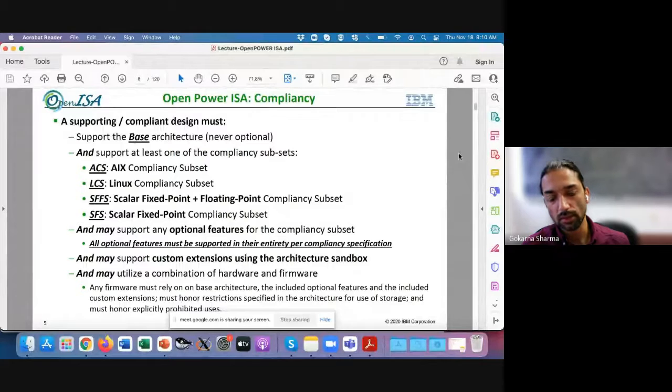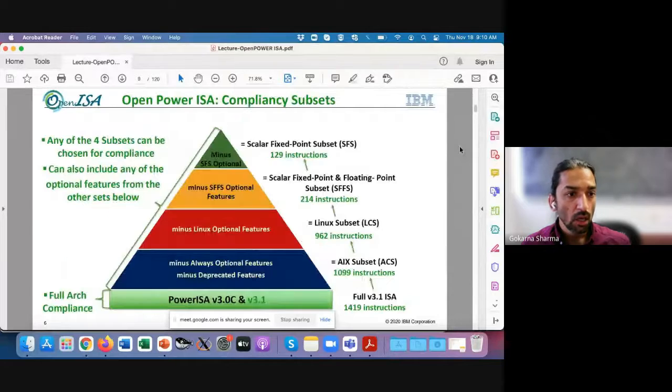These restrictions are imposed keeping in mind consistent development, to see that a particular design supports or includes these features, and it will be easy to classify these new designs. So this is how it goes.